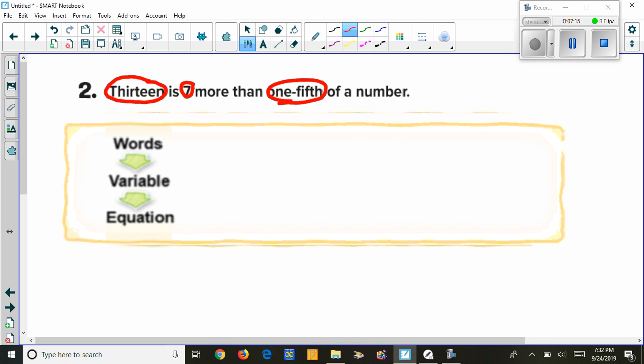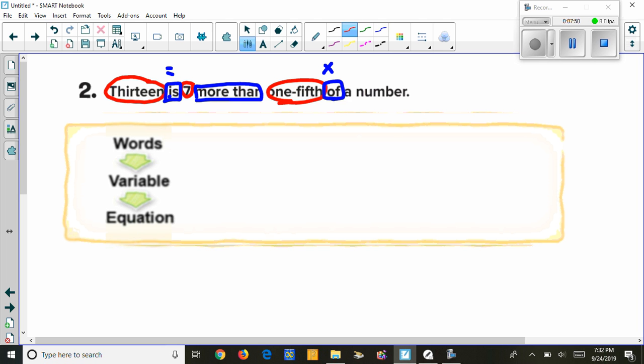I'm going to box in some action words. 13 is, remember is our equal sign. 7 more than 1/5 of a number. The rest of the cubes model would ask us to eliminate information that we don't need and then to solve the problem. But in this case, we just need the first 3 parts to be able to piece this together.